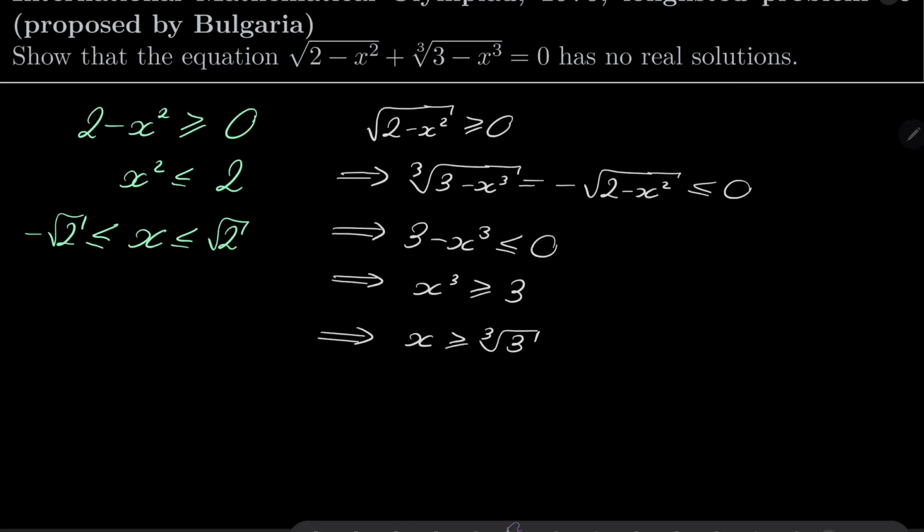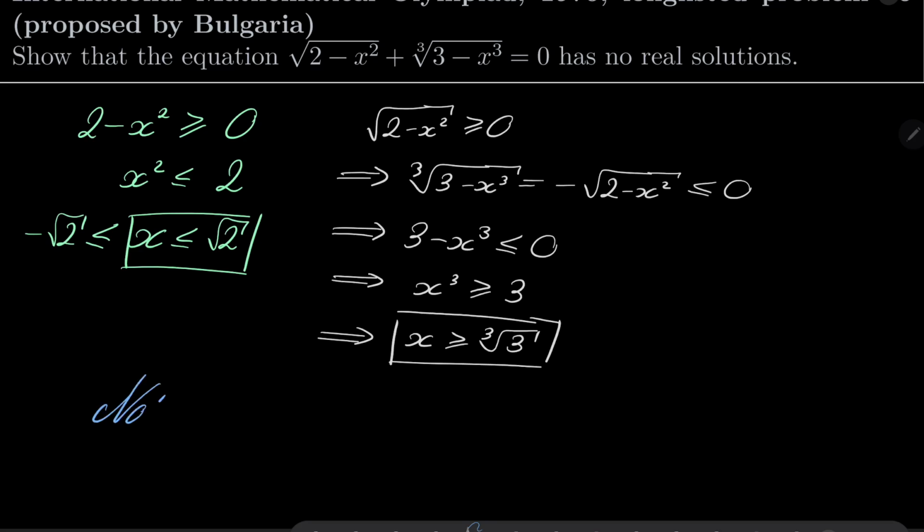But let's consider these two conditions, this right here and this right here. Well, they are not possible at the same time, because notice that the cube root of 3 is definitely greater than the square root of 2.